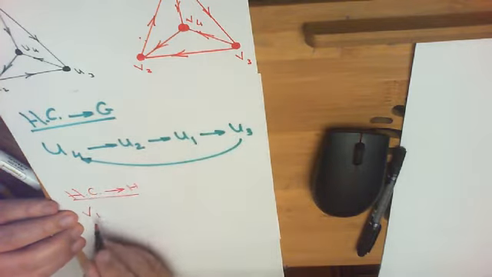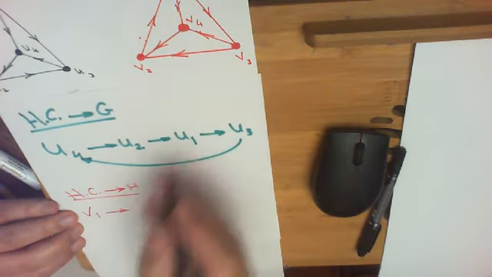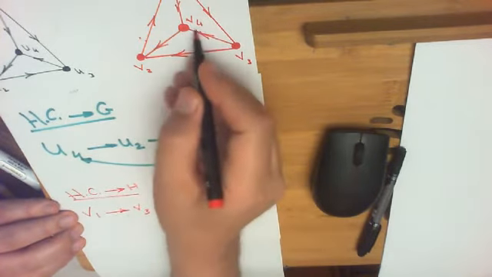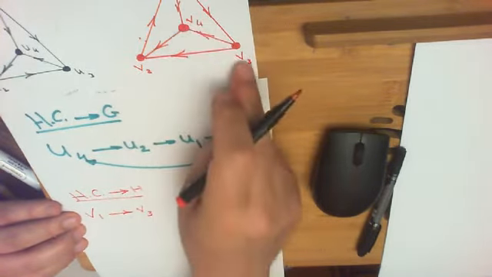So if you want to start from V1, you have to go to V3, then V4. Otherwise you will not visit V4. V1, V3, V2, V1, V4, so you will visit V1 twice. We said you have to visit every vertex once and only once. So V1 to V3 to V4 to V2, okay, then back to V1.